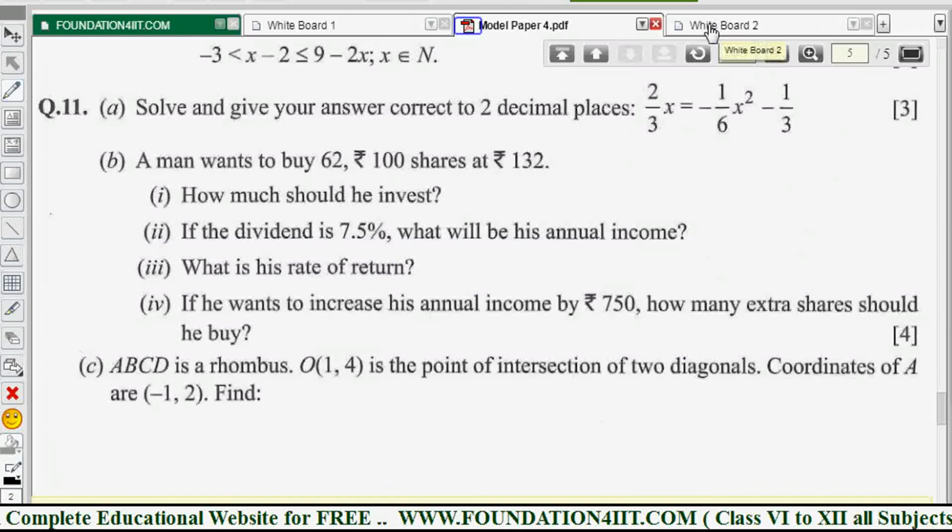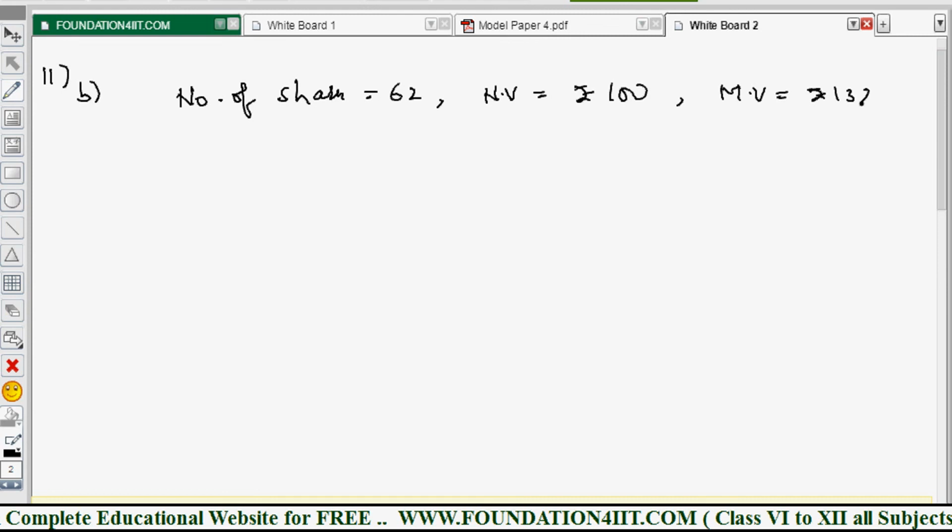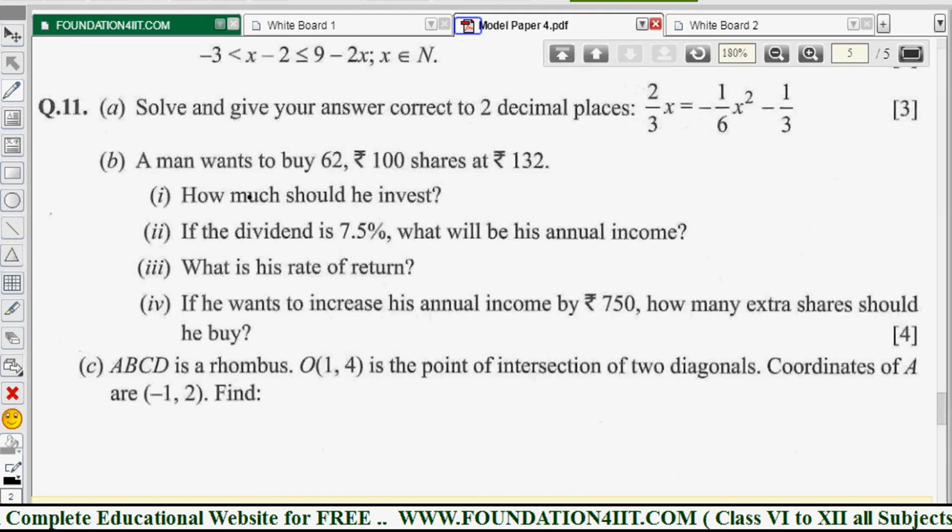According to the given, the number of shares is 62, the nominal value is rupees 100 and the market value is rupees 132. Then the first question is how much should he invest?